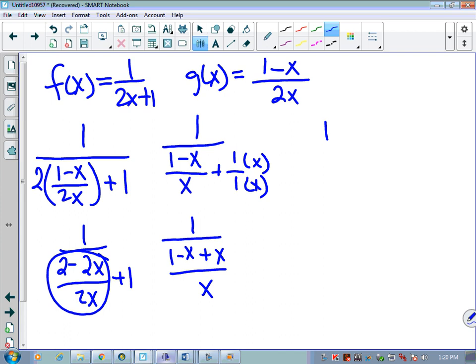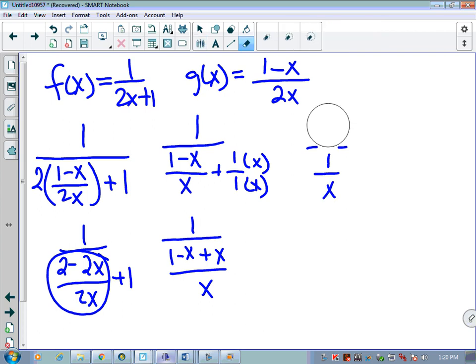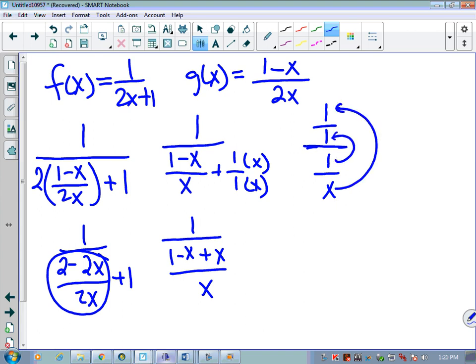So as I bring that up, I got 1 divided by 1 over x. Well, this 1 on top here is really 1 over 1. So I've got a fraction 1 over 1 divided by 1 over x. So I'm going to multiply by the reciprocal. That's going to leave me with x over 1, which is just simply x. So that's a good sign.